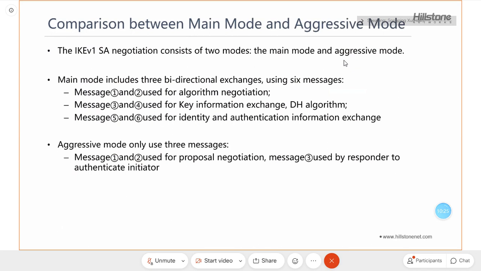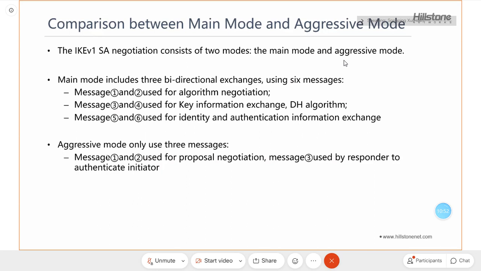Messages 1 and 2 are used for algorithm negotiation, and messages 3 and 4 are used for the key exchange and the DH algorithm. The last 2 messages are used for the identity and authentication information exchange.